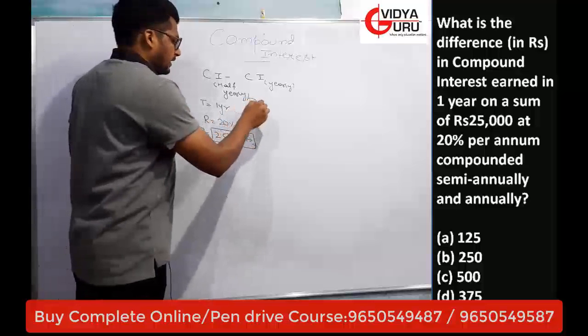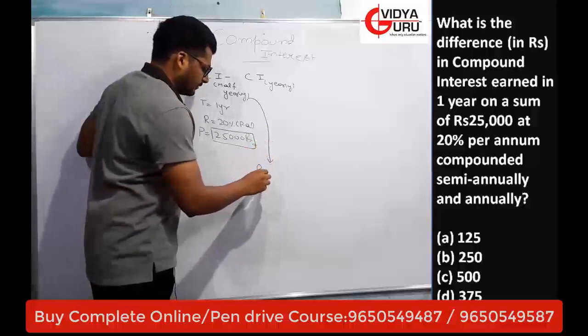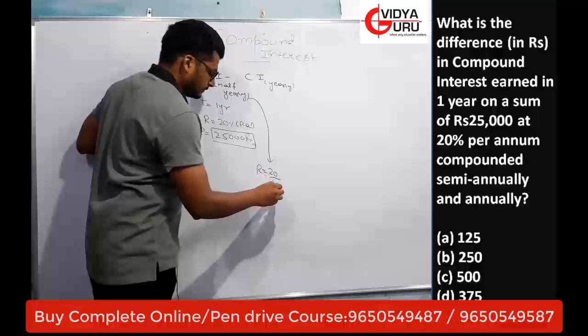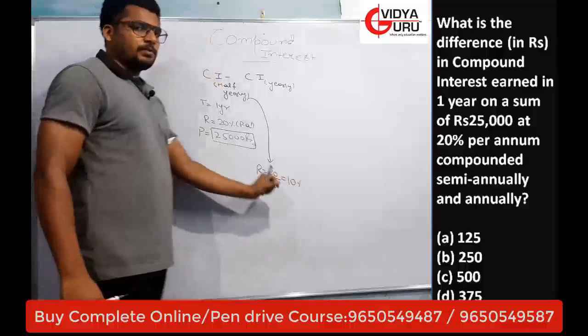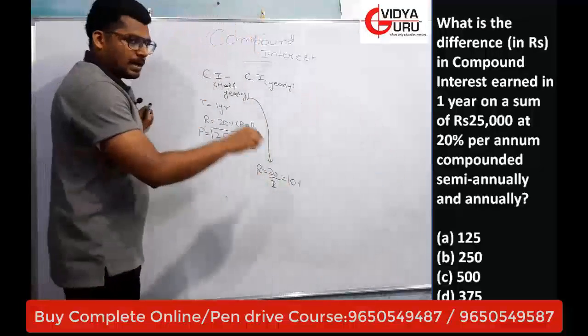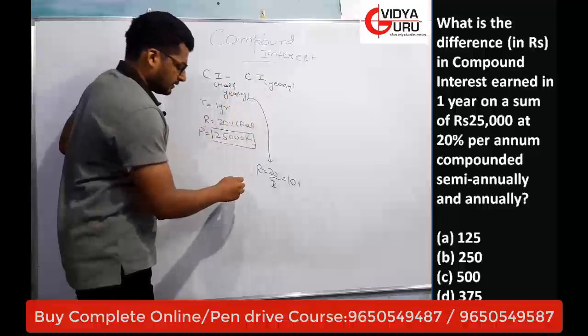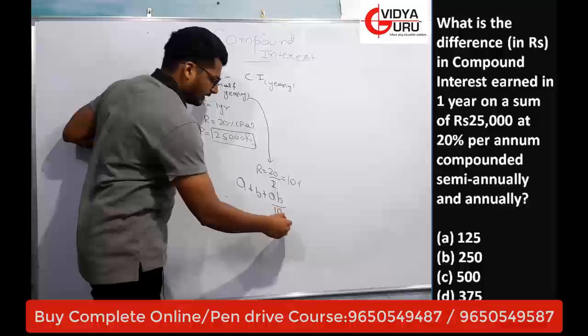What I mean to say is, in case of half year, the rate will become half. It will become 10%. And this 10% will be for 6 months. If I want to go for 1 year, I can apply the successive increase formula, that is A plus B plus AB by 100.